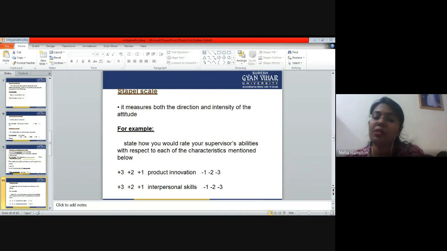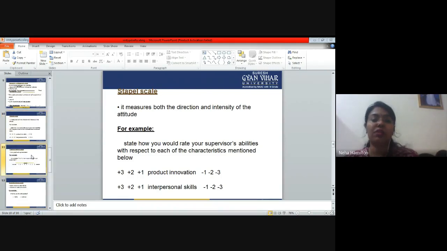Plus 2, minus 2 are average, plus 1 is kind of high and minus 1 is kind of low. So this scale is given to those people who are intellectually well versed with how to answer these questions. A normal respondent may find it a bit difficult. So Stapel scale is again not a very famous scale which is being used by researchers.